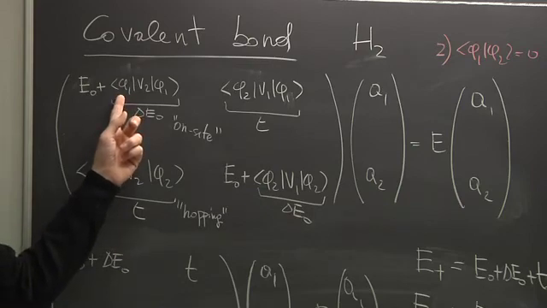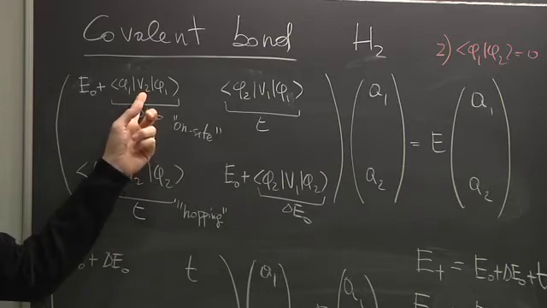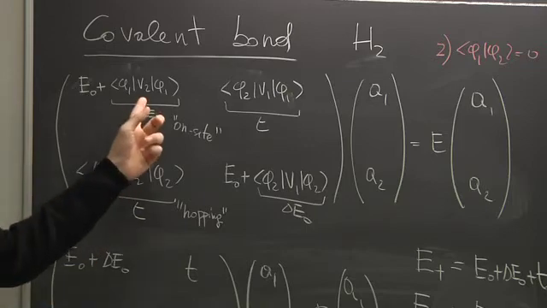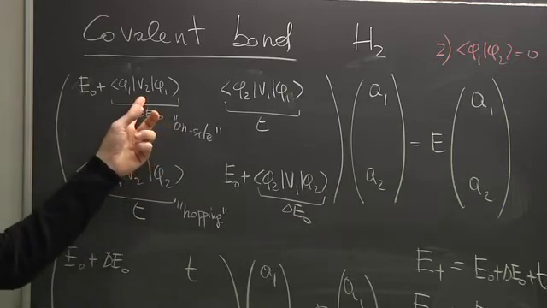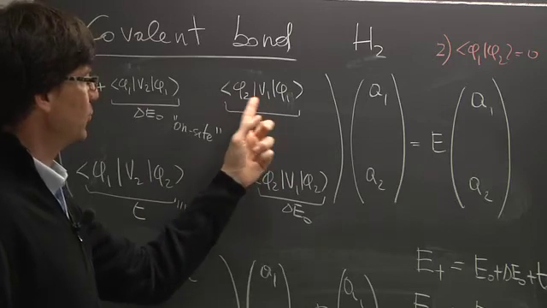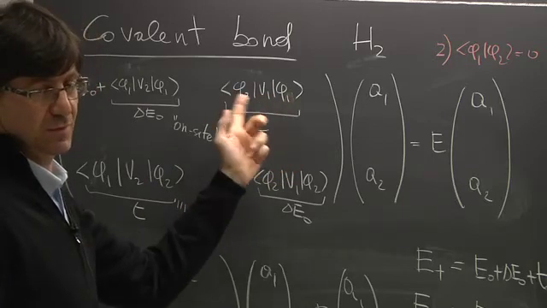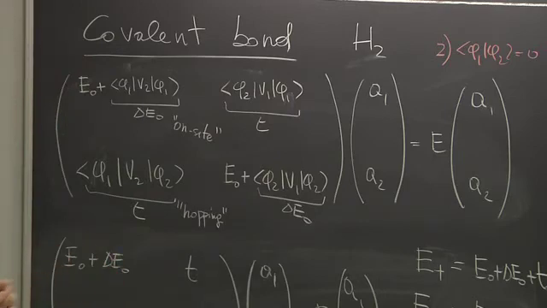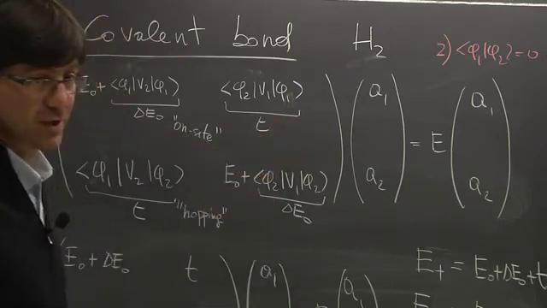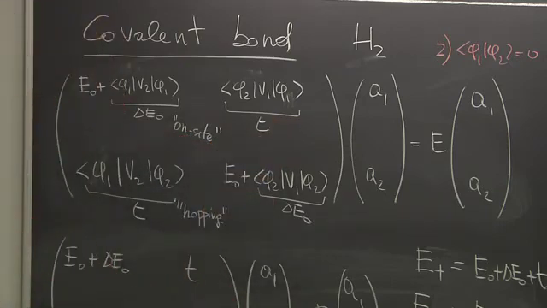This is the overlap between the wave function at site 1 and the Coulomb potential at site 2. If I bring the two atoms far apart, this term will vanish. Same with this term, right? Here is the wave function at site 1 and wave function at site 2. The overlap will decay to 0 if the two atoms are very far apart. So both delta E naught and T will go to 0 if my two atoms go very far apart from one another.